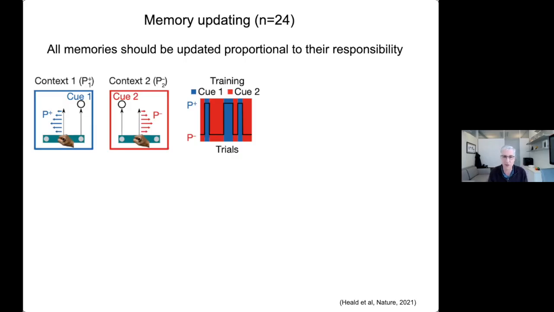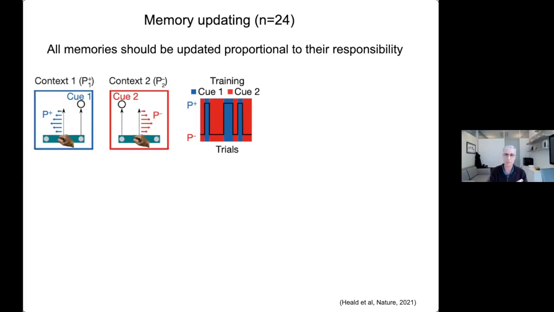We know from previous experiments that sensory cue is really good to allow you to learn different contexts. Okay, so P plus and P minus are different feedbacks with different cues, and we train people on these by randomly interleaving these trials so that we hope by the end they have 2 memories in their head, one associated with plus, one with minus, and one with context 1 and one with context 2.